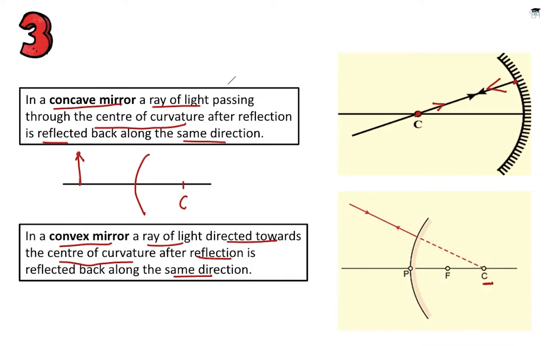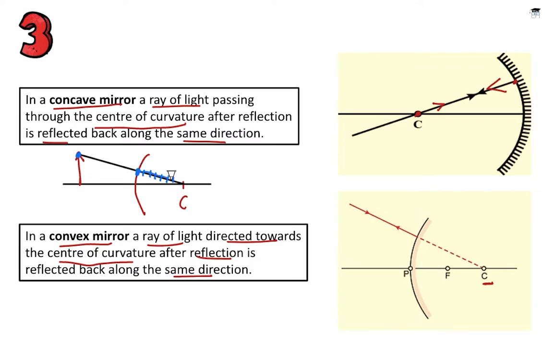A ray of light is emerging from the top of this object, and it appears that the ray of light is moving towards the center of curvature. So what will happen after reflection? The reflection will happen at this point. So the ray of light starts from here, it will move till there.